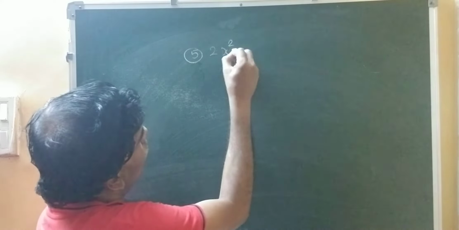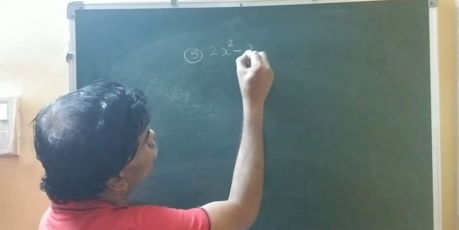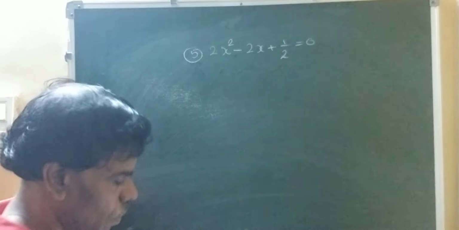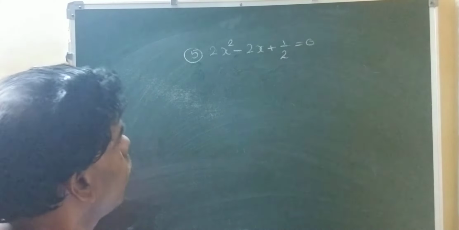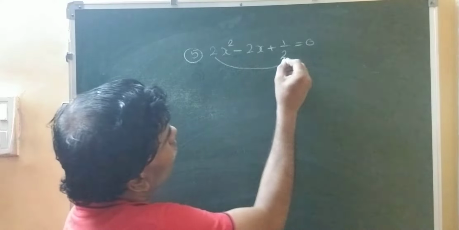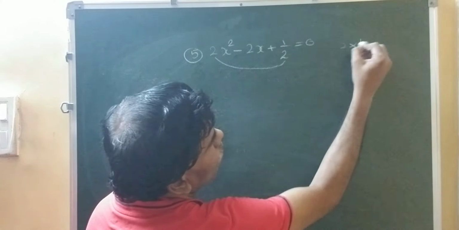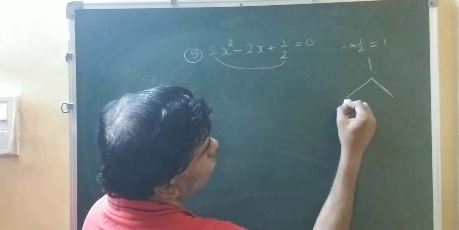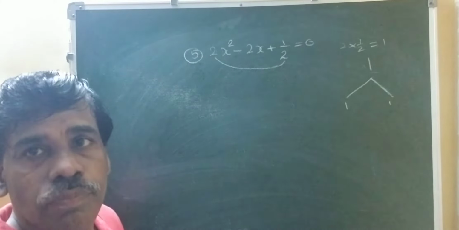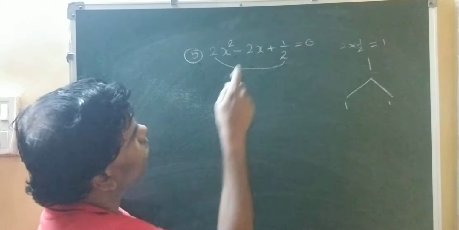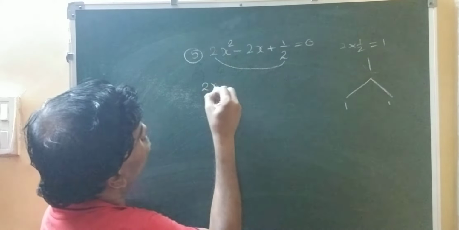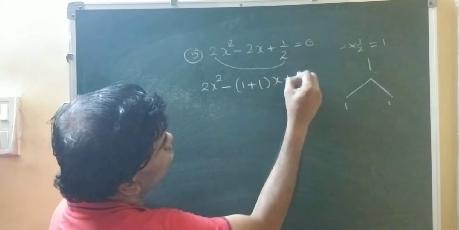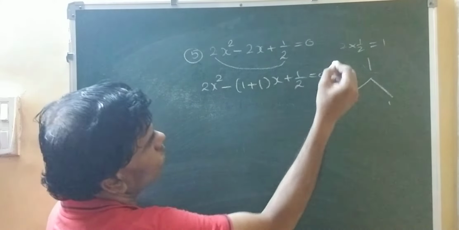Two x square minus 2x plus 1 by 2 equal to 0. Now we will multiply 2 into 1 by 2 is equal to 1. So 1 into 1. Right? Now here 2x square minus 1 plus 1 into x plus 1 by 2 is equal to 0.